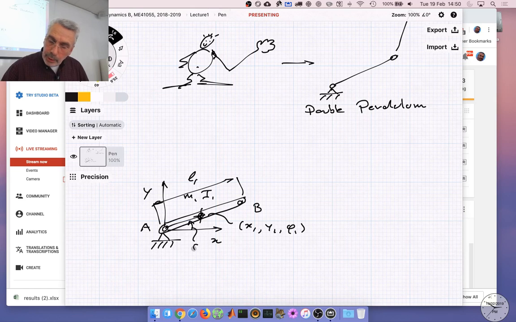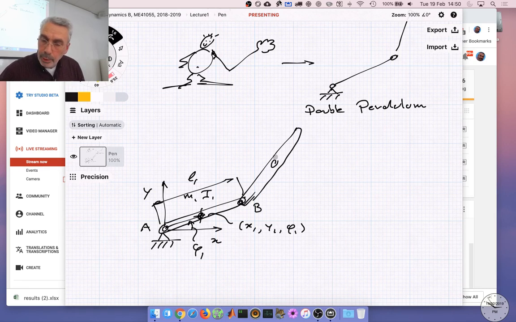I draw it again in the figure because it's not really clear in reference to what line the angle is. Is it to the horizontal or the vertical one? Well, this is only the first part. Of course, the second part is again such a thing with a center of mass, and now its position is x2, y2, and phi2.